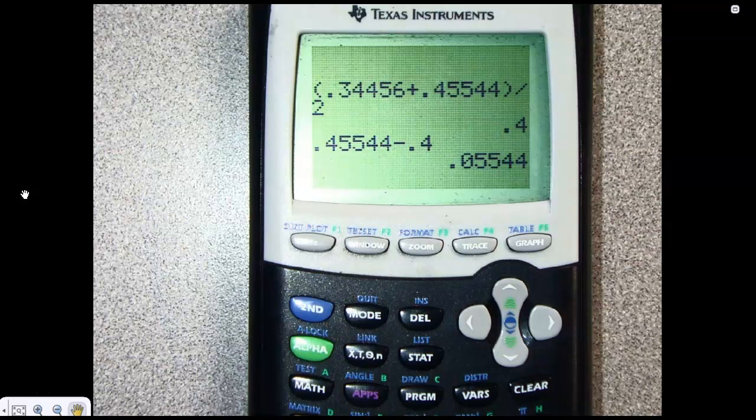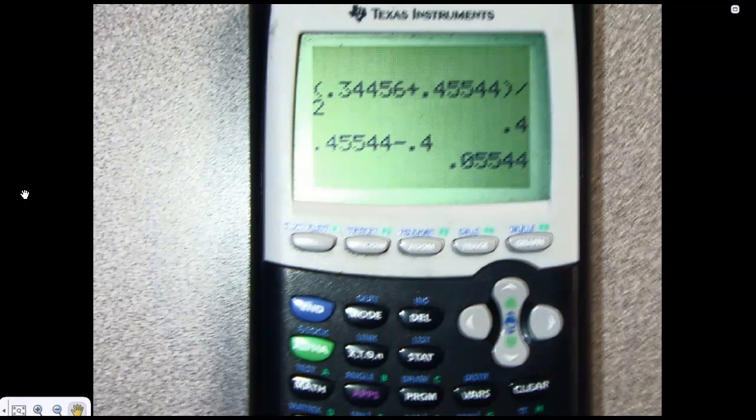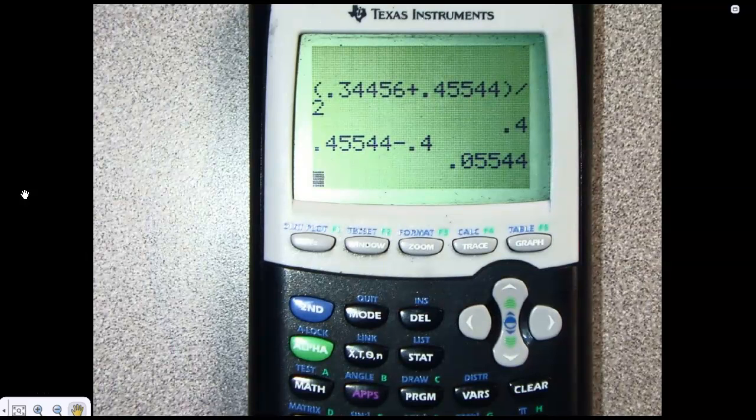I want the confidence interval, and then I want blank plus or minus blank. So go stat, tests, and type the stuff in there, and then transfer it.